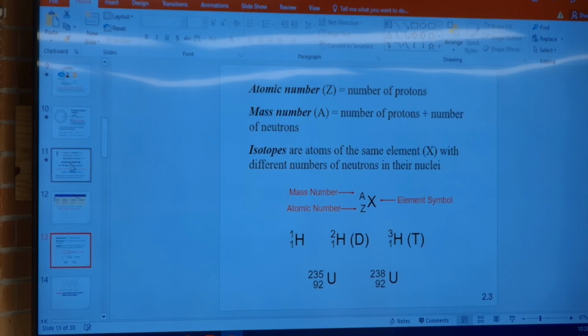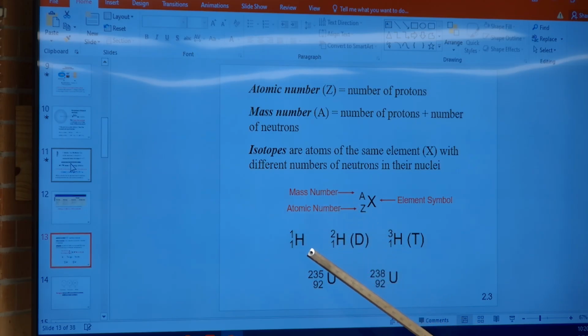Okay. According to this idea, for any element we use the atomic number, which comes from protons, together with the mass number. In the upper left corner is the mass number, in the lower left corner is the proton number. We give it the name atomic number. Mass number comes from proton plus neutron.